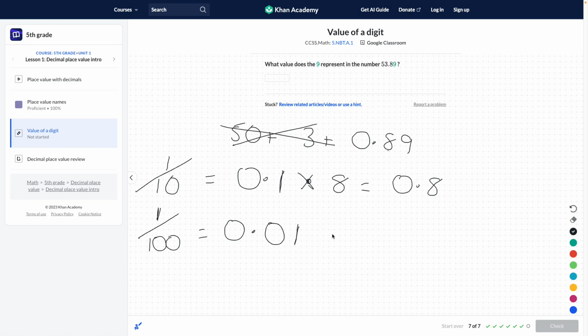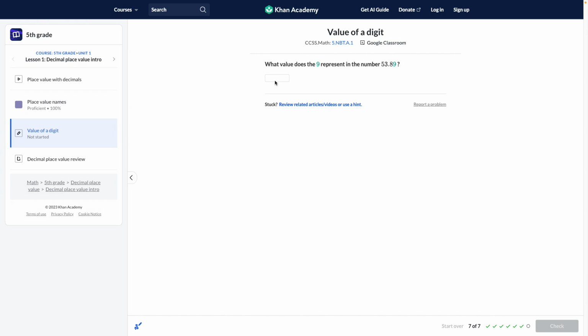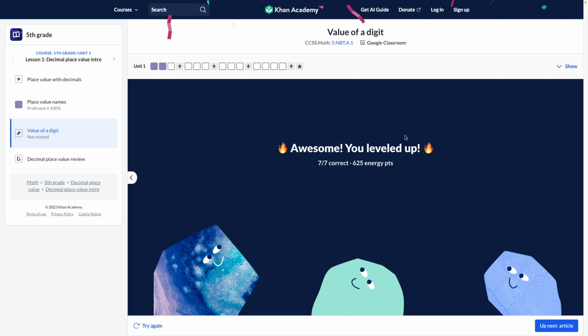Now we want 9, so times 9 is equal to 0.09. So what value does the 9 represent? It's here. Hundredths with a TH here. So it's 0.09. Check and done. There we go.